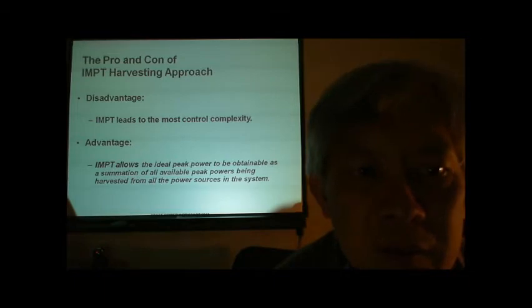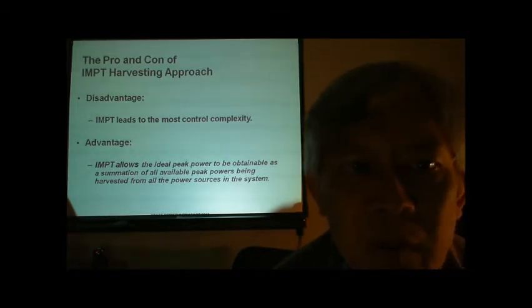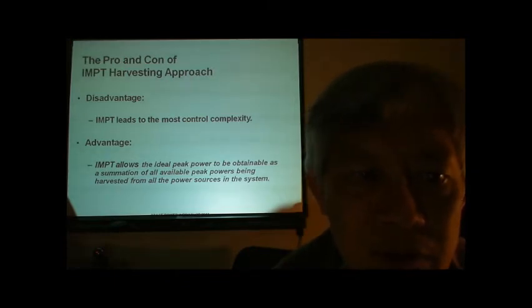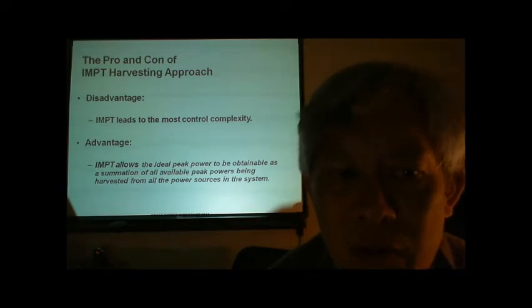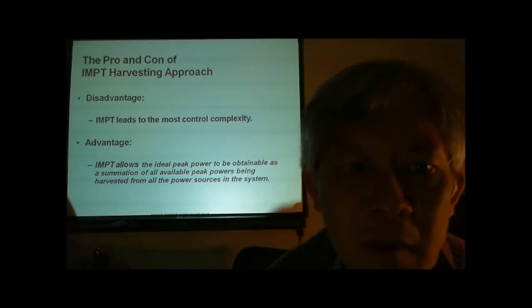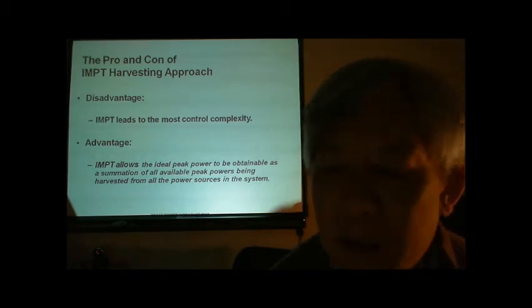The disadvantage: this IMPT leads to the most control complexity. The advantage is the IMPT allows the ideal peak power to be obtainable as a summation of all available peak powers being harvested from all power sources in the system.